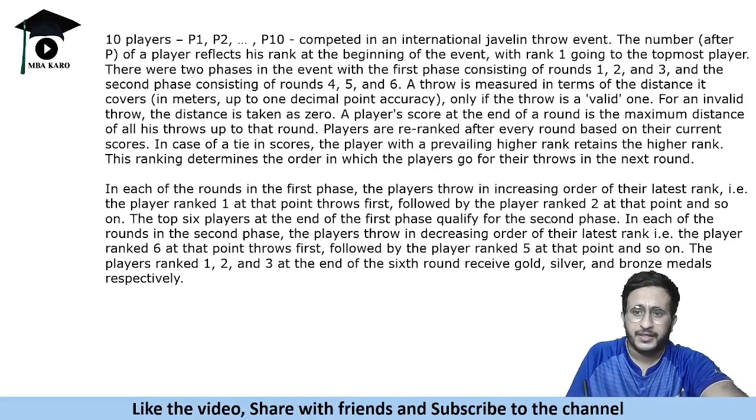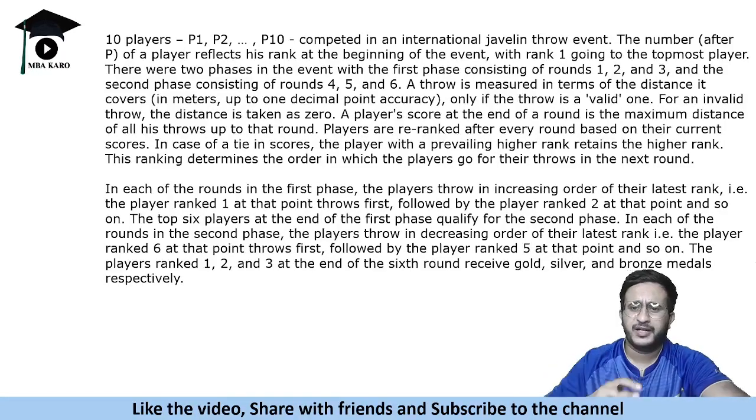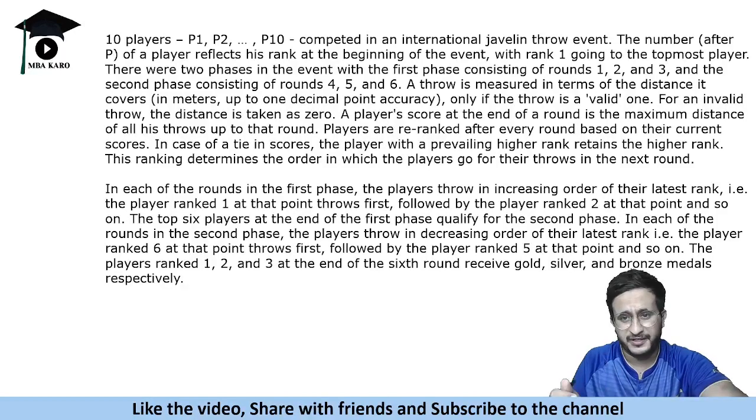In each of the rounds in the second phase, the players throw in descending order of their latest rank. That is, the player ranked 6 at that point throws first, followed by the player ranked 5 at that point, and so on. The players ranked 1 to 3 at the end of the sixth round receive gold, silver, and bronze medals respectively. Now, what happens in the second phase is the order of throw reverses.